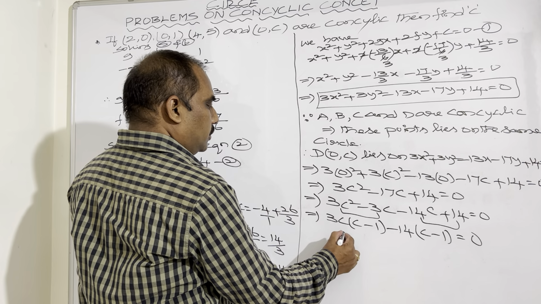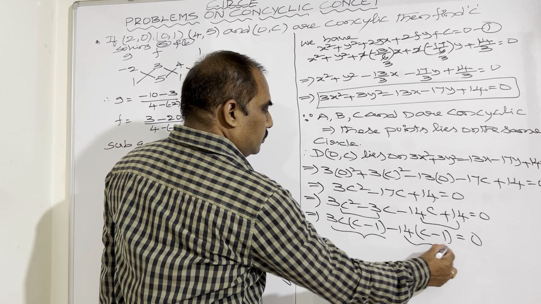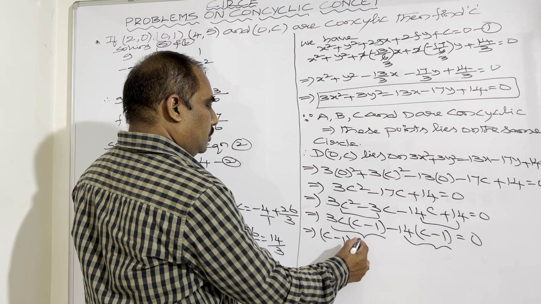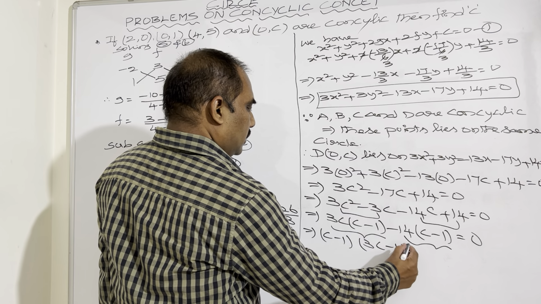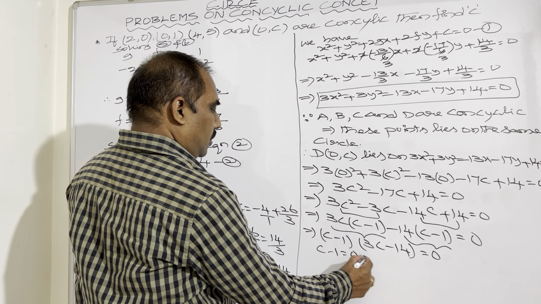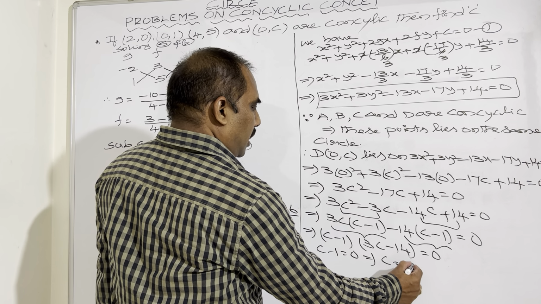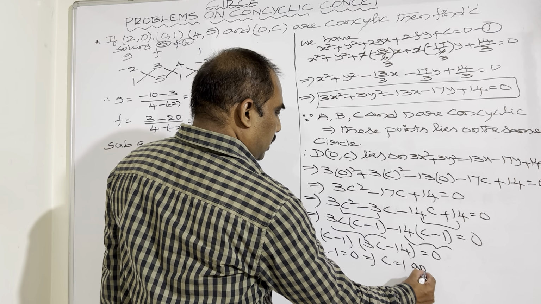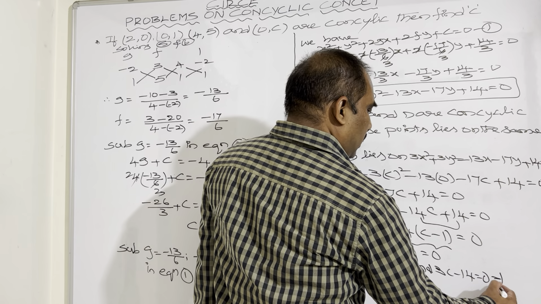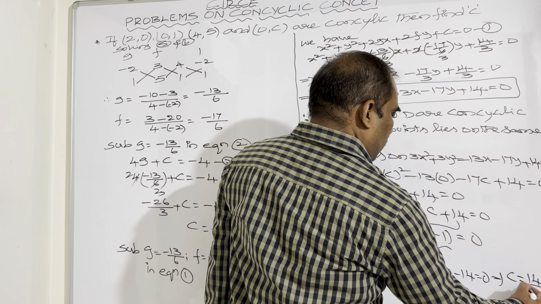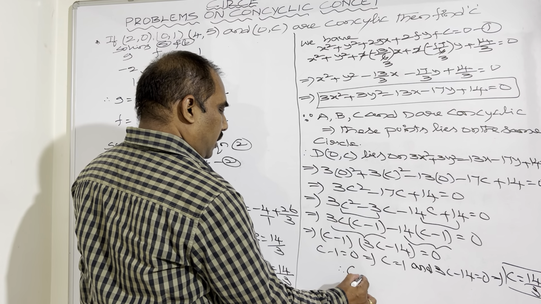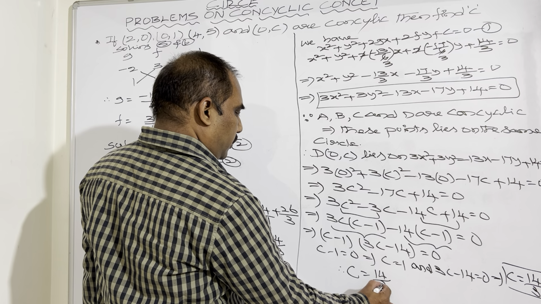Taking c minus 1 common, we get c minus 1 into 3c minus 14 is equal to 0. So c minus 1 is equal to 0, we get c is equal to 1, and 3c minus 14 is equal to 0, we get c is equal to 14 by 3.